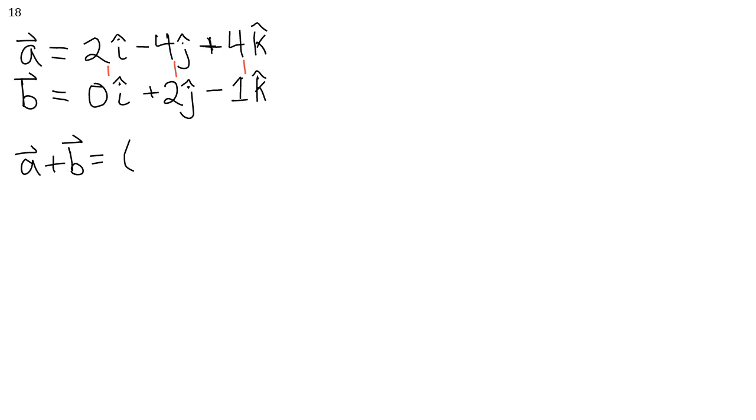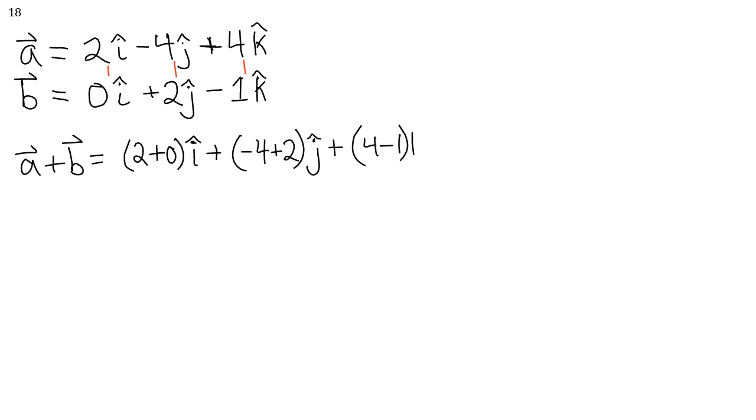Component by component is going to be 2 plus 0 i hat plus negative 4 plus 2 j hat plus 4 minus 1 k hat.